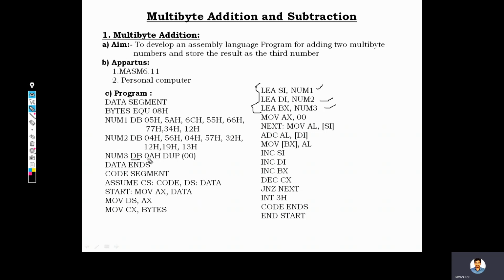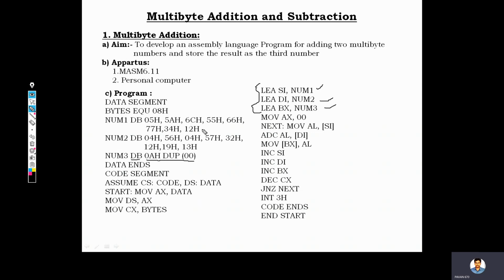And we observe here the statement is somewhat different: 0AH DUP of 00. Here 0AH indicates the number of locations I need to create, because in the num1 and num2 arrays we are already provided with the values, so I know what values I need to provide and how many locations to allocate.